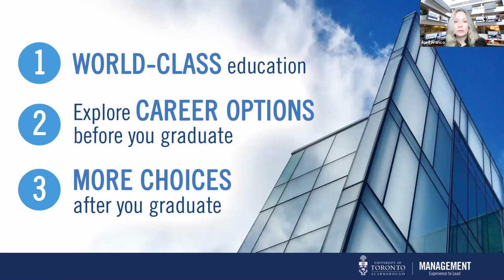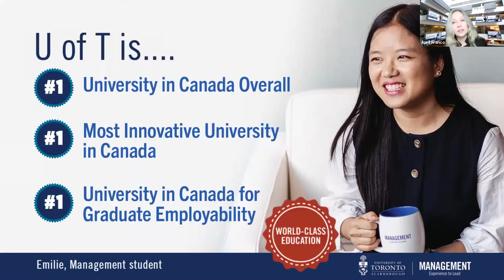Whether it's graduate school, becoming an entrepreneur, or the best full-time job offer, you want to select a school that will provide you with the most options. So let's look at each.